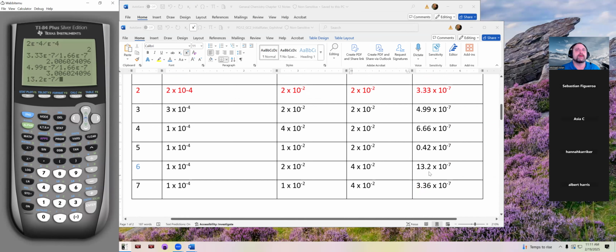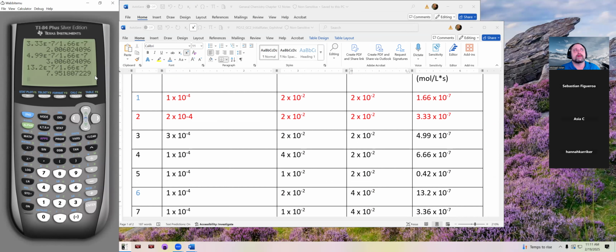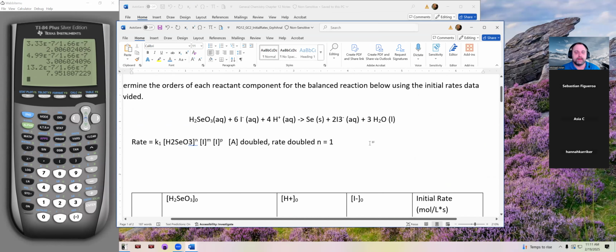Okay, so 13.2 e to the minus 7. I'm going to divide that by that 1.66 e to the minus 7 from the first reaction. And I got 7.95, which is close enough to 8 times. So let's see what happened here.